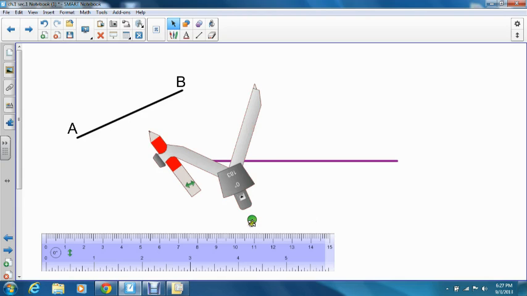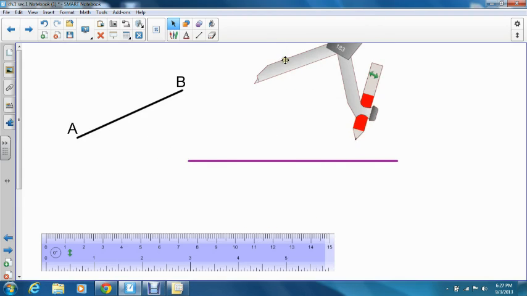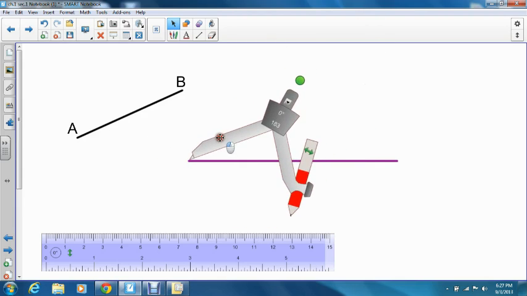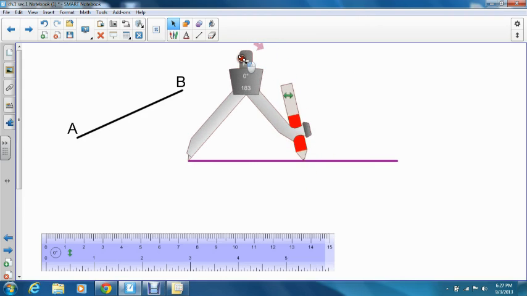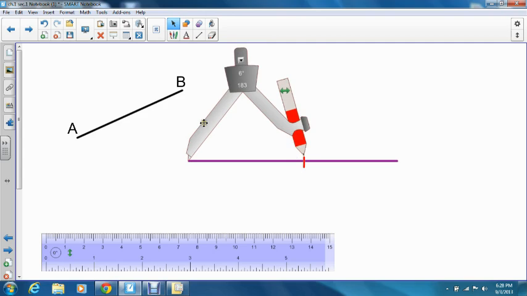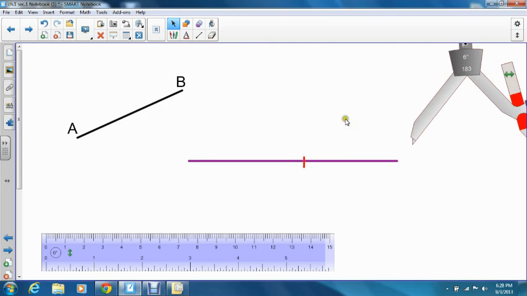Alright, so I'm going to take my compass and put the middle point on the end point of my new segment. I'm going to take my compass without opening and closing, it's got to stay the same size, and make a mark on that segment that I drew. This segment here, I'm going to label FG. It's way too big, let's shrink that down a little bit.